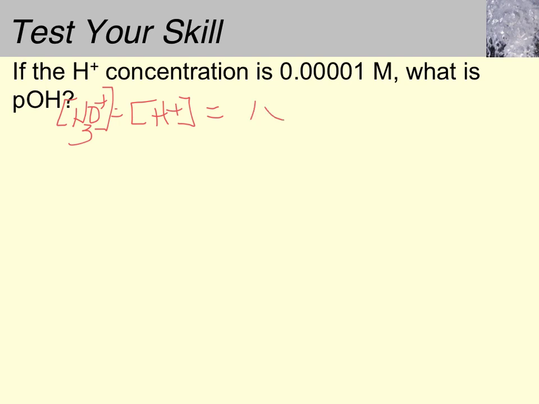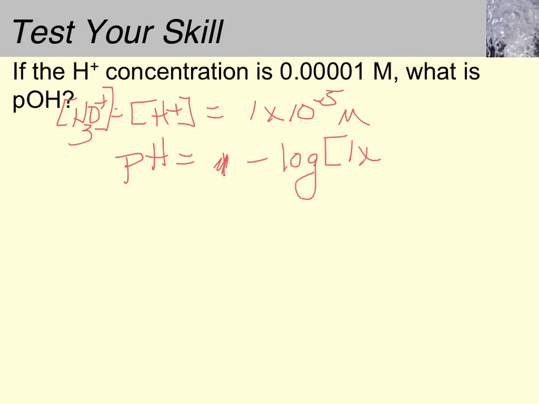Let's see, 1 times, I'm going to put it in scientific notation just because, and it wants to know pOH. So I'm going to find pH first, and I know that that is minus log of the concentration of hydronium ion. And I'm not even going to punch that into my calculator since my coefficient's 1.